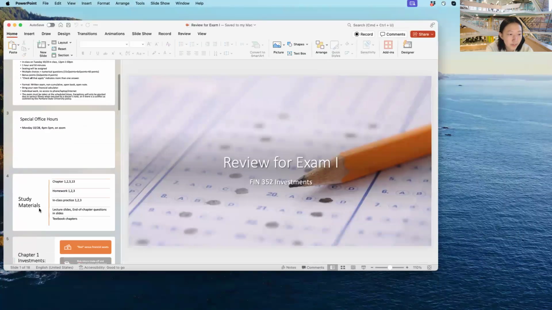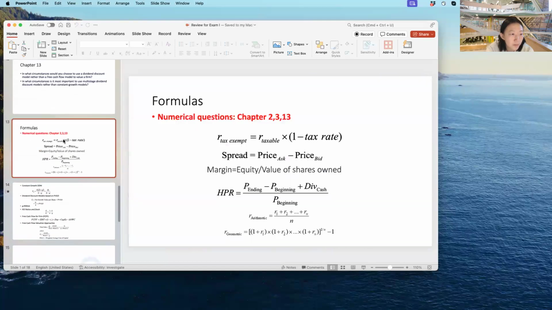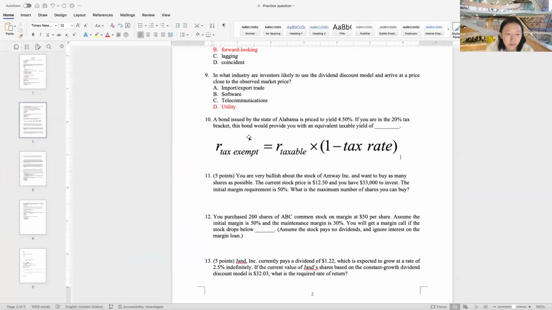Let me scroll down to the formula for calculating equivalent taxable yield here. We have the tax-free rate, the tax-free bond yield, and the tax bracket of 20%. So we want to calculate R taxable.